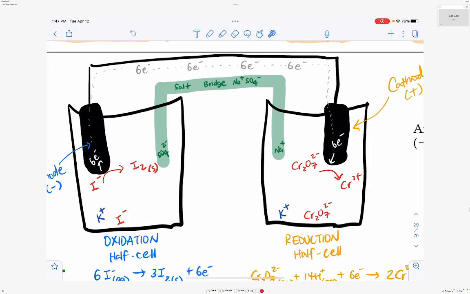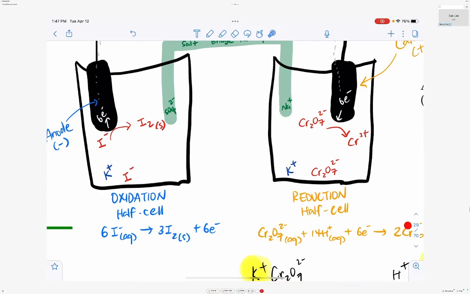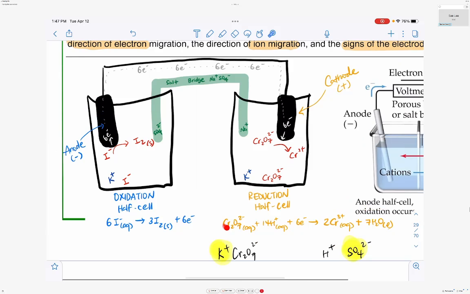So among these two floating around in the system, this will spontaneously lose 6 electrons and become iodine solid. If the right cell is cathode, reduction will occur here. So the reaction occurring in this cell is going to be this reduction reaction.